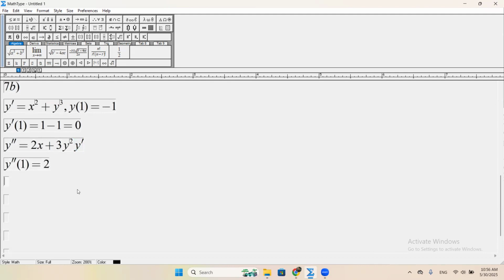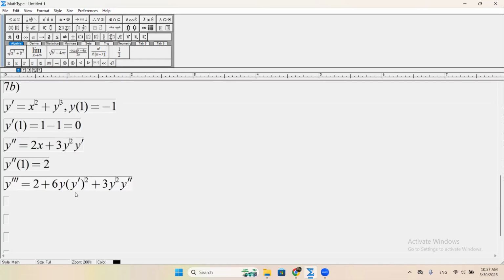Then calculating the third derivative. So it will be equal to plus 3 plus 6y y prime over y prime square multiplied by y prime square plus 3y square by y prime twice.